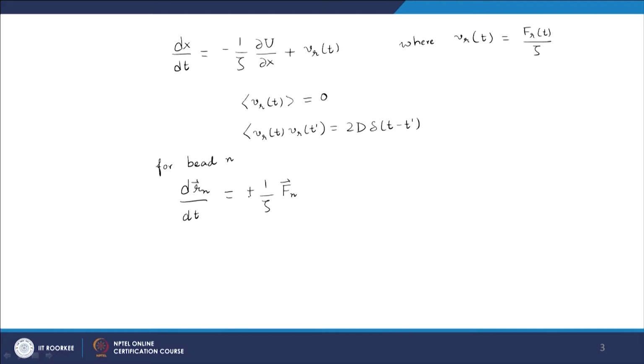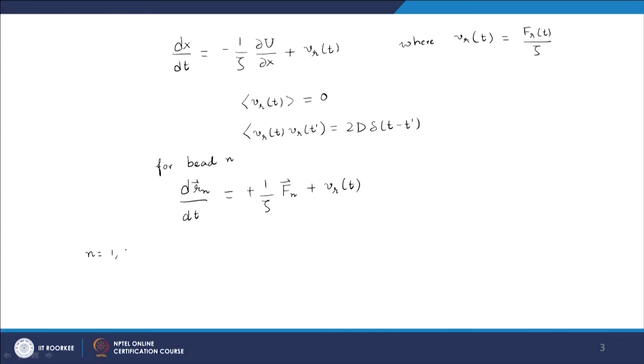So, then this becomes plus, because minus dou u by dou x is force, and then plus of the VRT. So, now we can write it for all the intermediate beads as one equation, and for the end it has to be a separate equation.